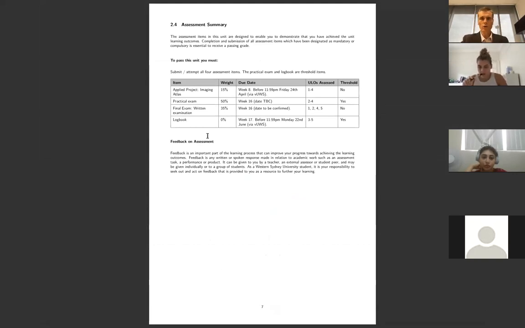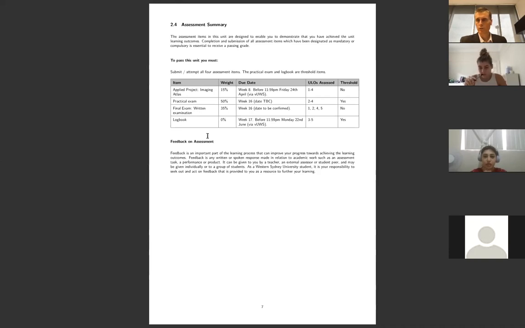I just want to talk about 2 of them in particular. Just like the Principles of Cardiac Sonography 1, we will talk about all of these when you come on campus for the seminar. But let me just mention 2 of them because they're particularly important: the practical exam and the logbook.